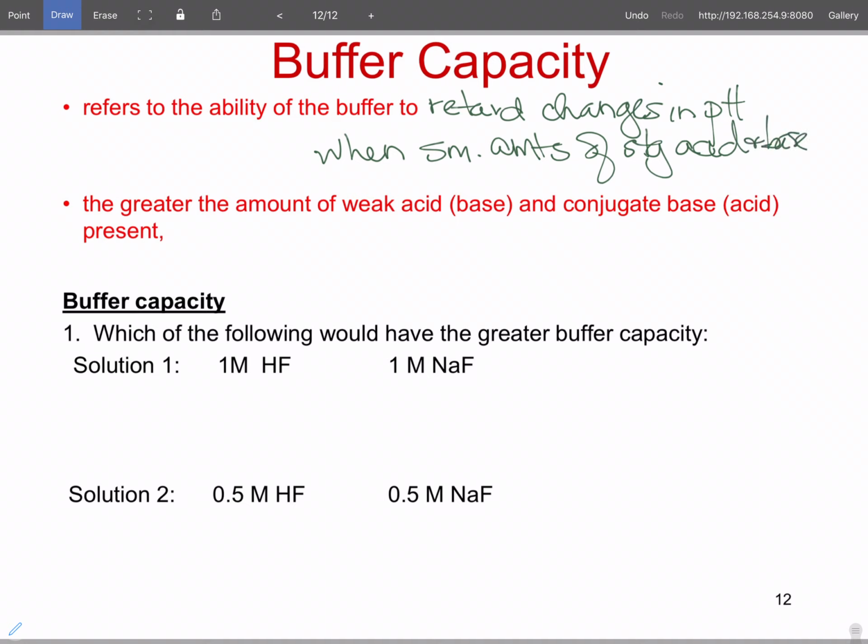Now, the greater the amount of weak acid and conjugate base present, the more can be neutralized.